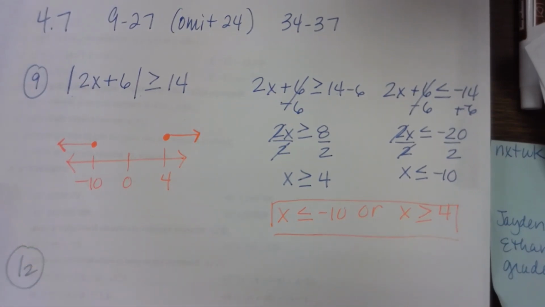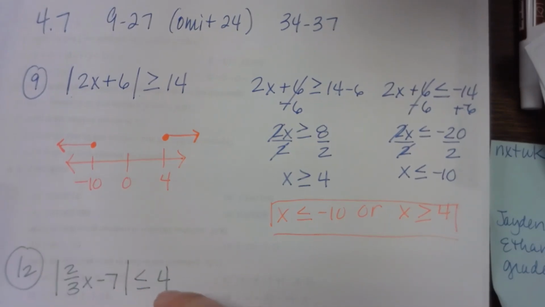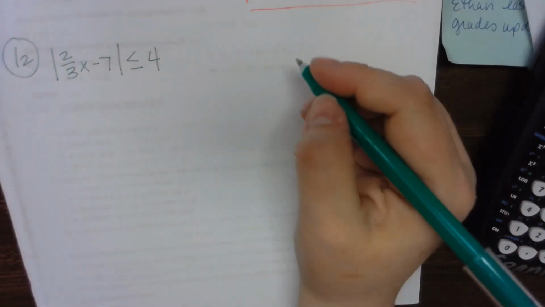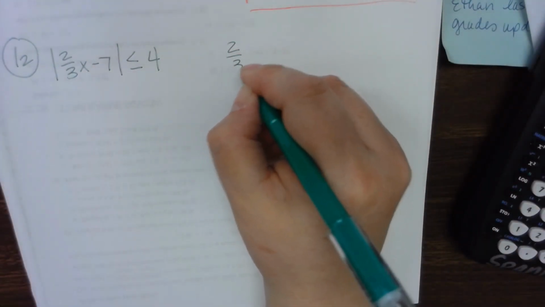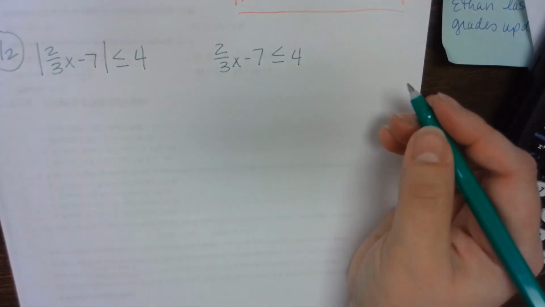Absolute value of 2/3 x minus 7 is less than or equal to a 4. Move this up a little bit. All right, so we'll set that up as 2/3 x minus 7 less than or equal to 4. And I'm going to move it down here a little bit because I want room.